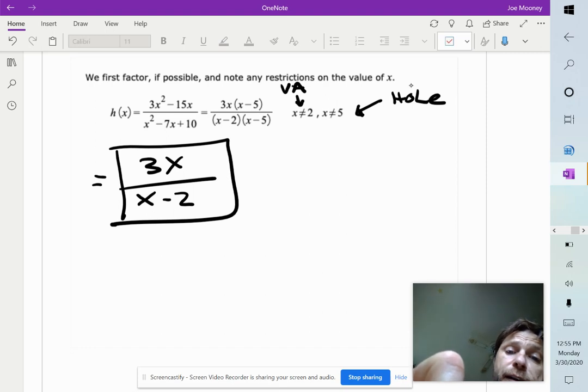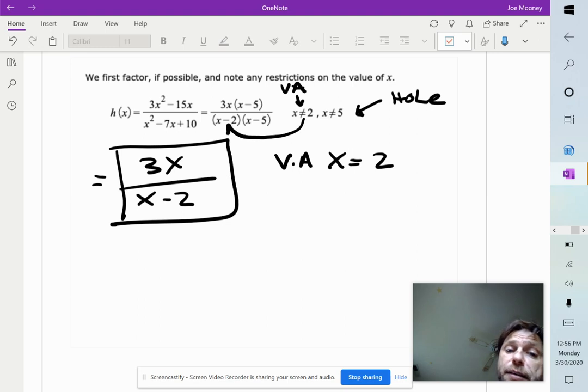So we know we have a vertical asymptote at x equals 2, because that's the number that causes division by 0. We know we have a hole when x equals 5.